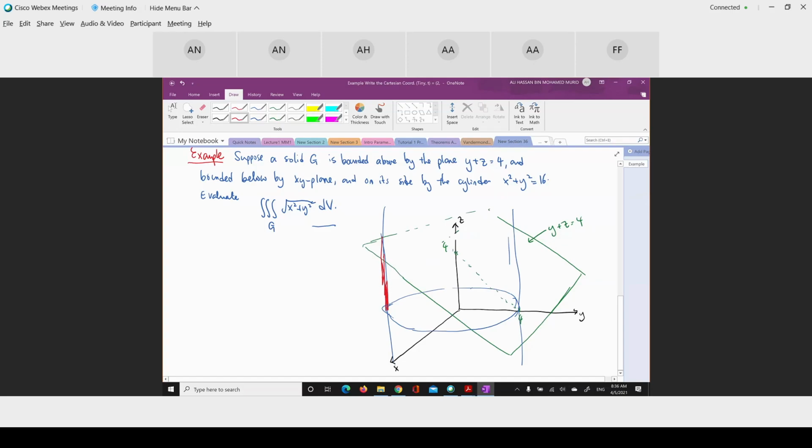The object is bounded below by the xy plane and bounded above by this plane. It's quite challenging, right? Something like this. Okay. So the object looks something like this, in red here.